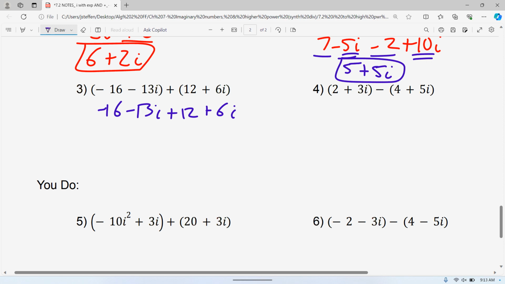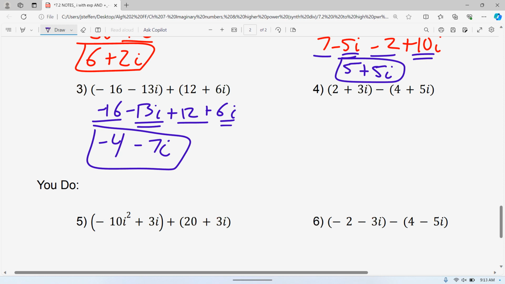Now simplify, or we combine everything. So negative 16 plus 12 is negative 4. If you need a calculator, you can. Negative 13 plus 6 is negative 7, I think. So you end up with negative 4 minus 7i.